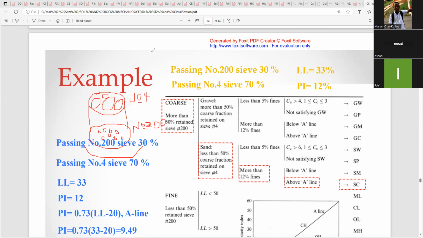So this is what happened. After testing with sieve number 4, we realized that 70% of the soil passed through sieve number 4. So they went through like this.